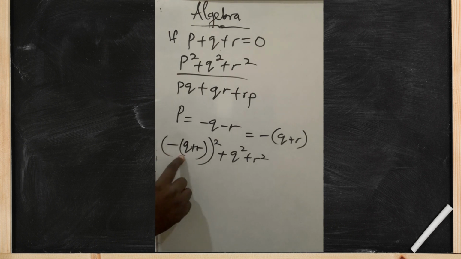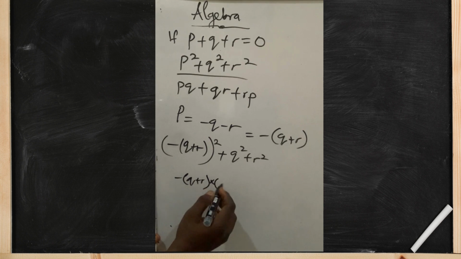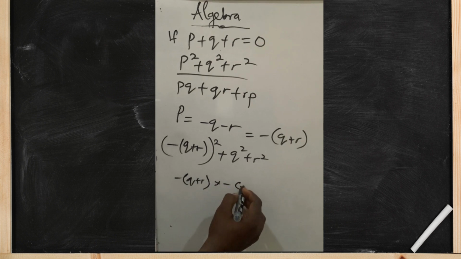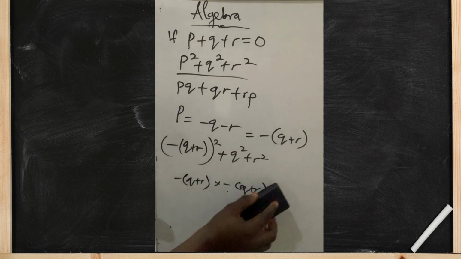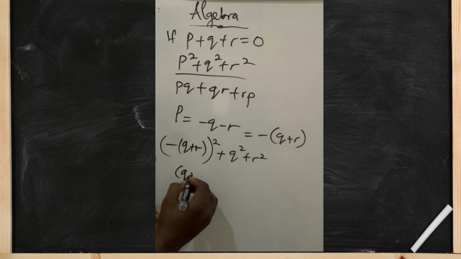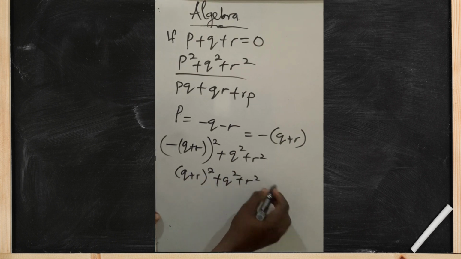But first, before I bring about that, I want to establish again that this negative and this negative, meaning we're having this multiplied by negative Q plus R. Negative multiplied by negative give us positive. So we can rewrite this to become this Q plus R square plus Q square plus R square.